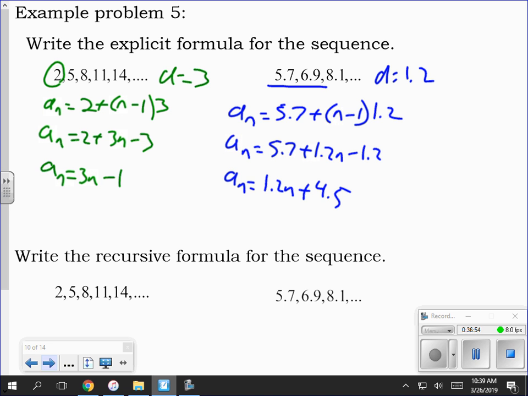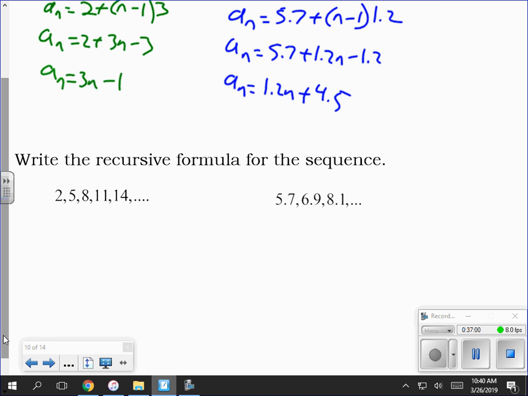The recursive formula is even easier. You still need to know the same two things. You need to know the first term, which we have, and you need to know what D is, which we figured out in the first one was 3. There are 2 parts to the recursive formula. State A sub 1. A sub 1 is 2. How do I get to the next term?